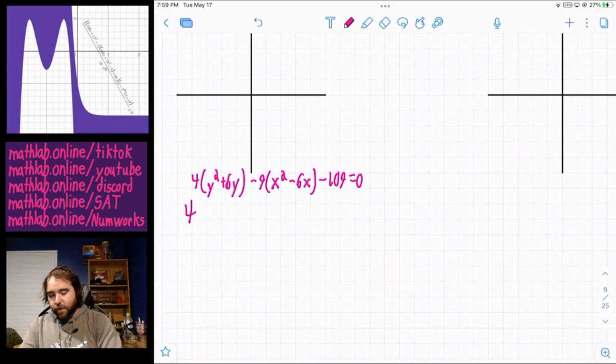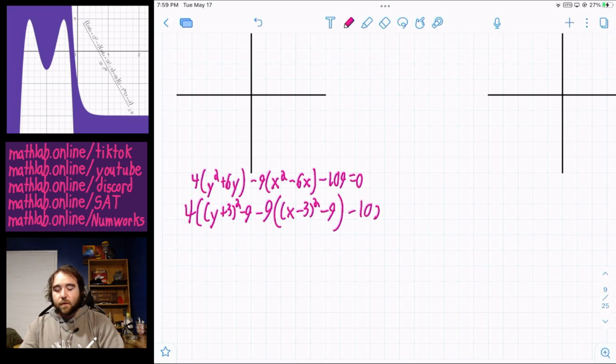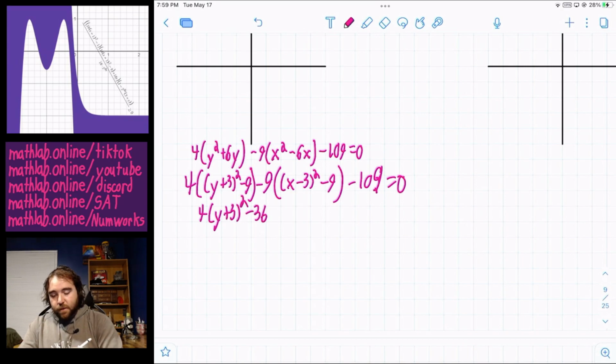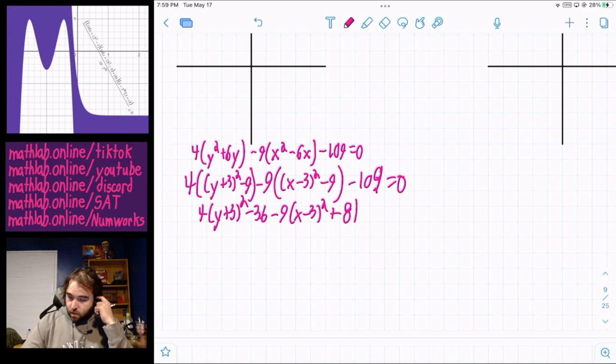So we complete the square. 4 times the quantity y plus 3 squared minus 9, minus 9 times the quantity x minus 3 squared minus 9, minus 109 equals 0. So we distribute: 4 times y plus 3 squared minus 36 minus 9 times x minus 3 squared plus 81 minus 109.